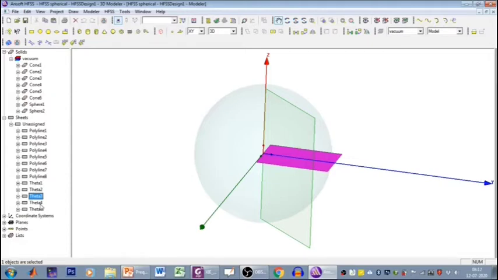Now please remember one thing very clearly. In both the cylindrical coordinate system and the spherical coordinate system, the reference axes are always x, y and z. To define a point, I may require r, phi, z in cylindrical coordinates, and in spherical I may require r, theta and phi.